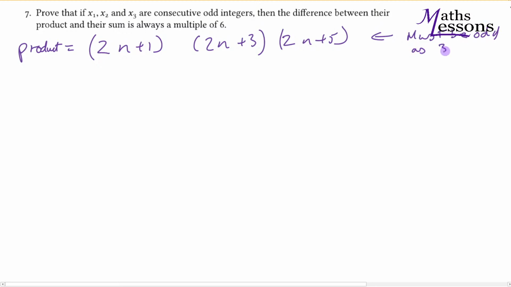As 3 consecutive odd numbers. Now we can also write it like this.